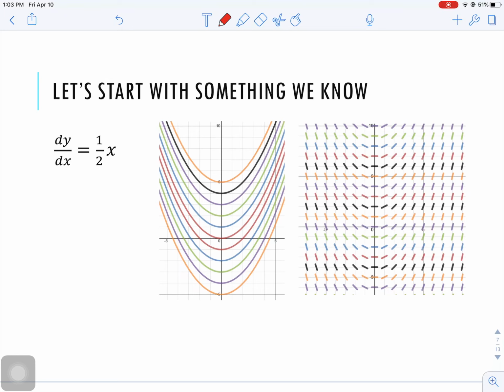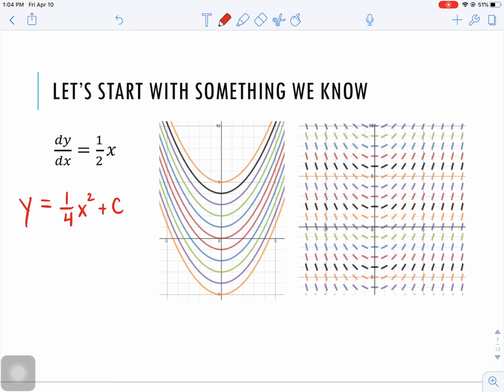To solve it, we would just need to be finding what y is. Well, we know the derivative is 1/2 x, and we just want y, so we're just going to integrate. If we take the antiderivative of 1/2 x, we get 1/4 x squared plus c. Just a basic antiderivative. So this is the general solution.